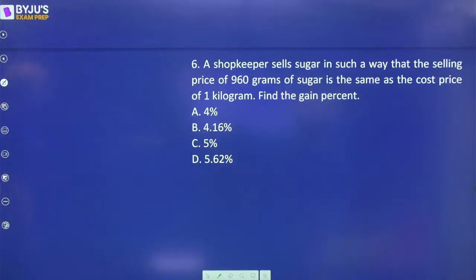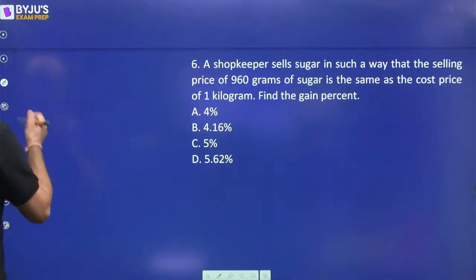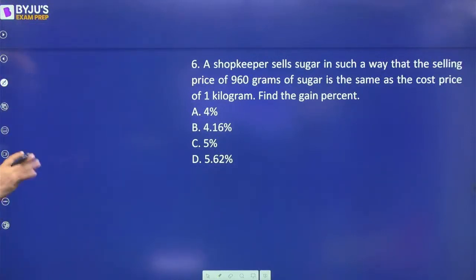So this says that the selling price of 960 grams of sugar is the same as the cost price of 1 kg. A very straightforward question this is.